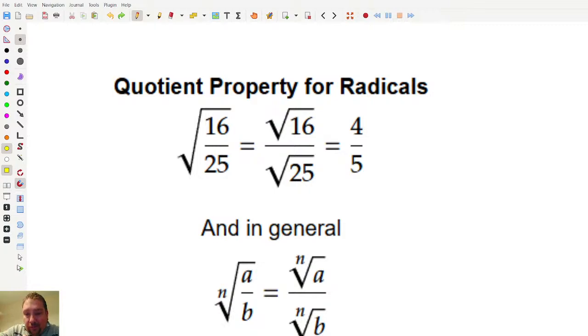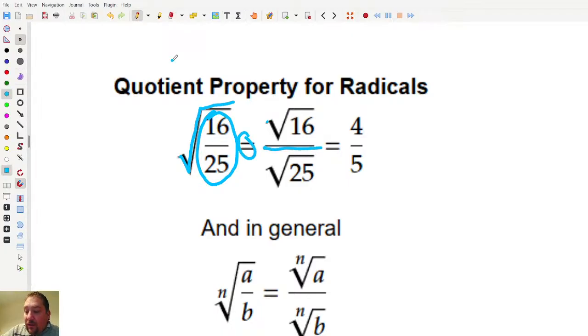We are legally allowed to take a quotient and make it into 2 square roots. So the square root of a quotient is equal to a quotient of the square roots.